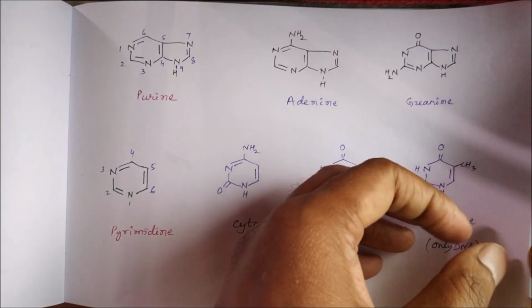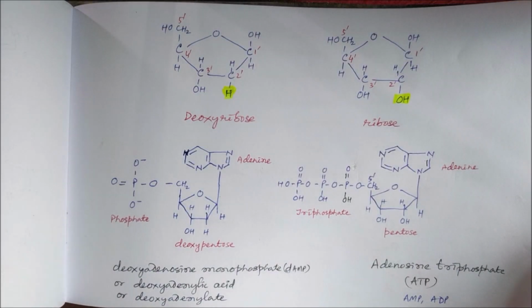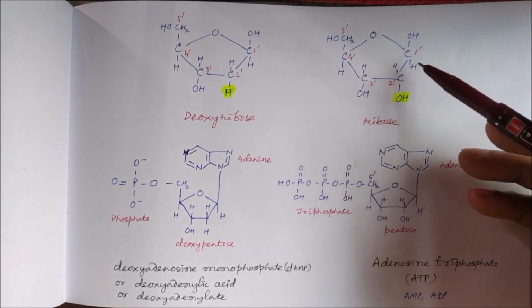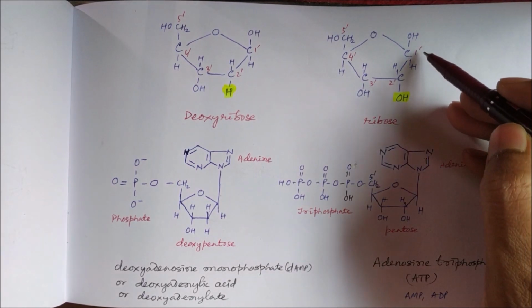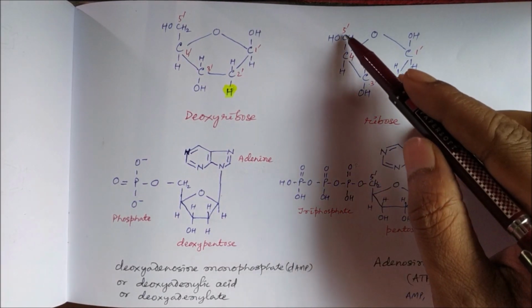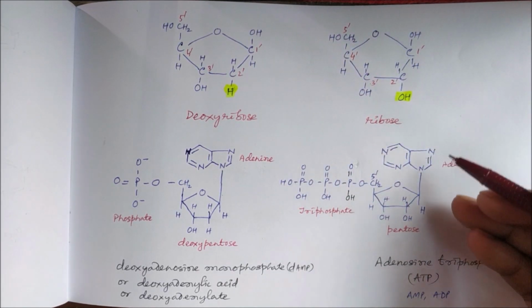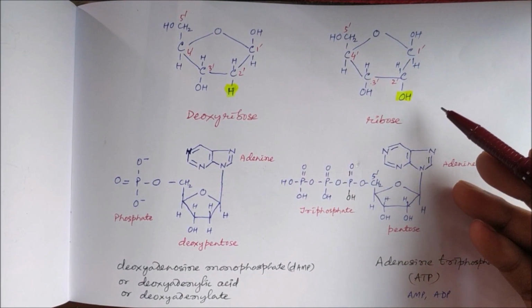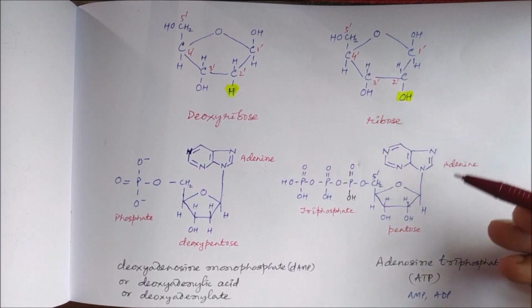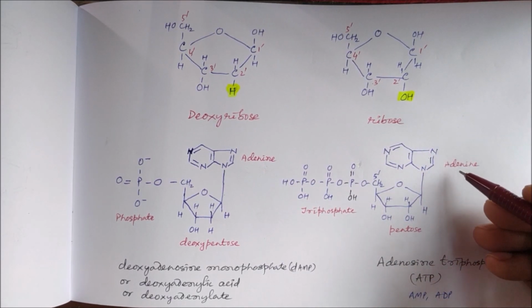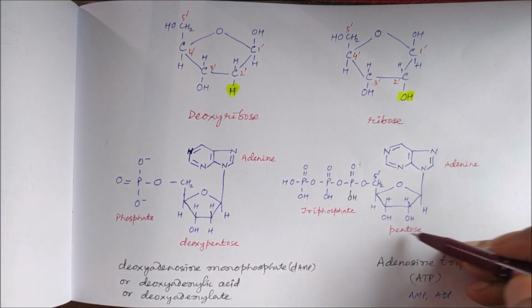And the sugar for RNA is the ribose sugar. This is the ribose sugar. The nomenclature starts with 1 dash, 2 dash, 3 dash, 4 dash, and 5 dash. This is the fifth carbon. And this ribose sugar, when it binds to a base, forms the nucleoside.